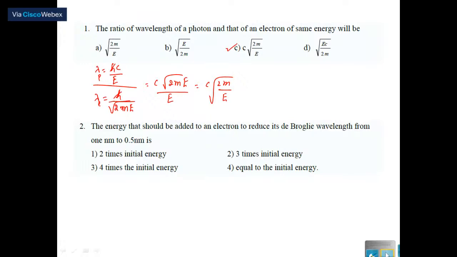The next question: the energy that should be added to an electron to reduce its de Broglie wavelength from 1 nanometer to 0.5 nanometer.